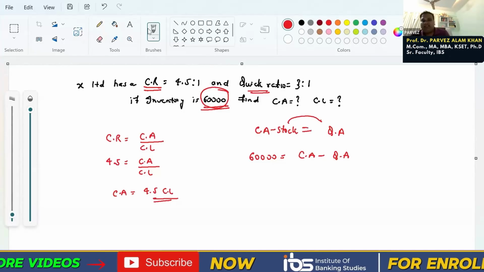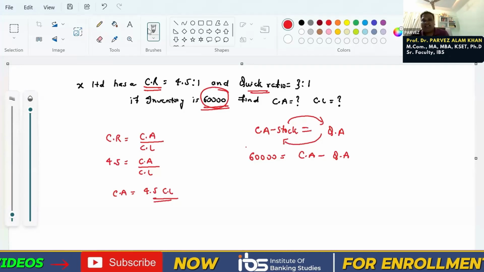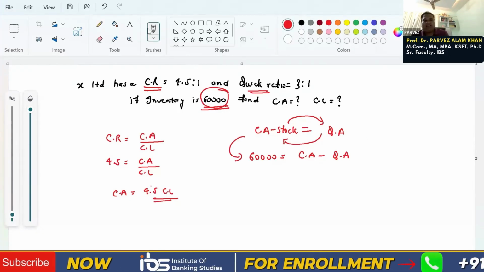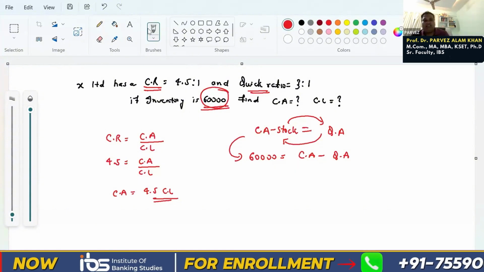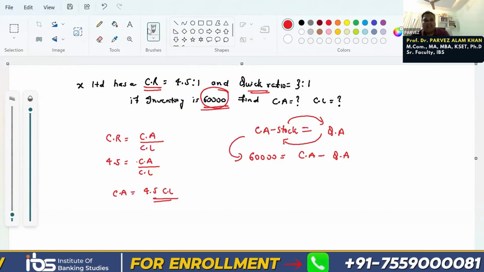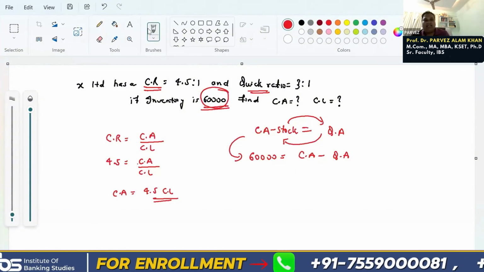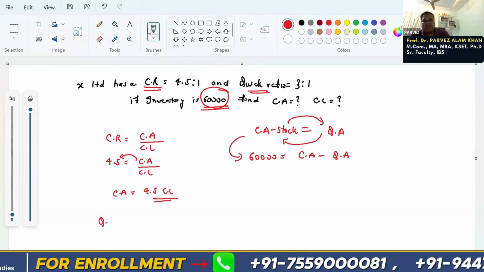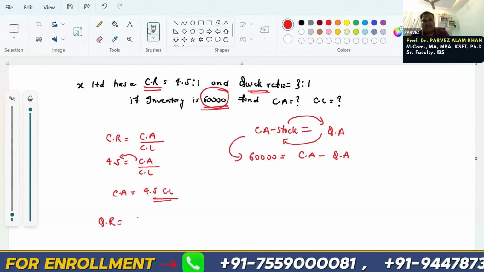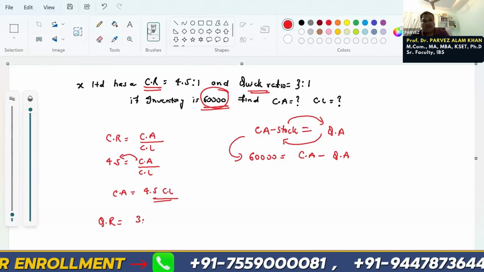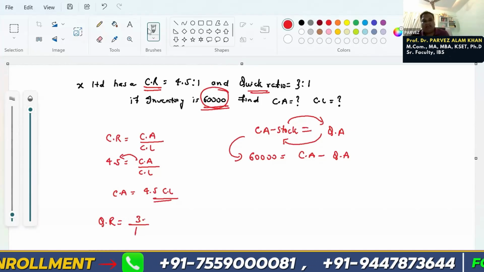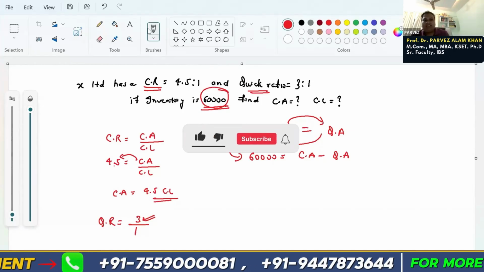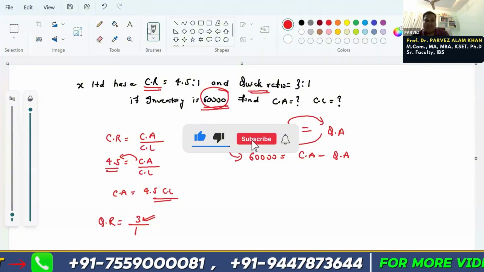So I can bring this stock to this side and quick asset to this side and say it like this. Now we can see that current asset by current liability is 4.5 and quick ratio they have given as 3:1, right? So it means your quick asset is 3 times, your current asset is 4.5 times. Can I say that?